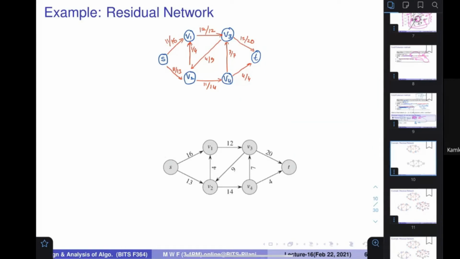So everybody please concentrate for a few minutes. We are very near to the solution. 16 was there, so here is a 16. 12 was there, so here is a 12. 20 was there, so here is a 20. Direction is the same. 9 is here, so here is a 9. 7 is here, so here is a 7. 4 is here, so here is a 4. 14 is here, so here is a 14. 13 is here, so here is a 13. 4 is here, 4 is here.